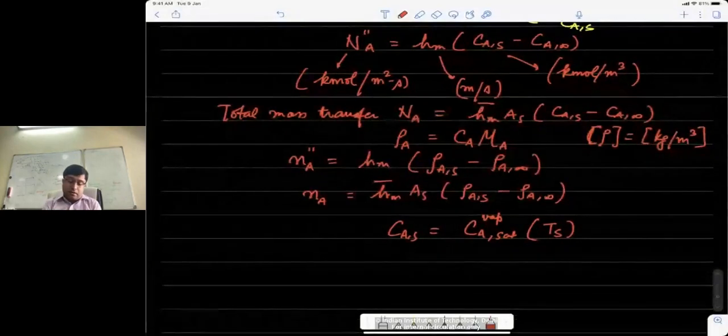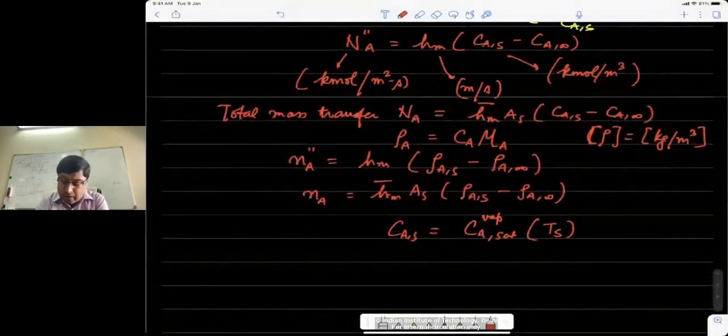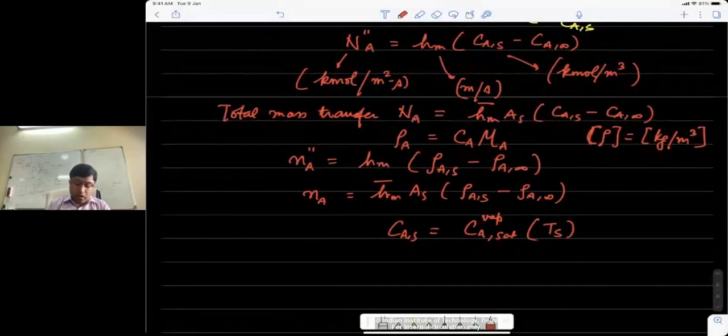Now, what we are doing in this part of this module, as I said, is we are more concerned with calculation of these convection heat and mass transfer coefficients. The whole purpose of doing convection analysis is to determine what would be h or hm.